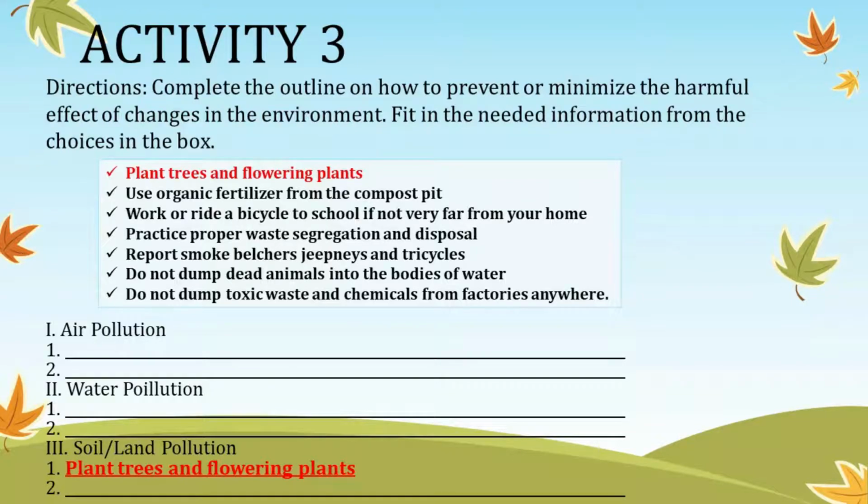So, for example, plant trees and flowering plants. We can prevent land pollution by planting trees and flowering plants. So, ang sagot ay bonus na po ito. So, mapaprevent po natin ang land pollution by planting trees and flowering plants. So, that's what you are going to do in number 3.